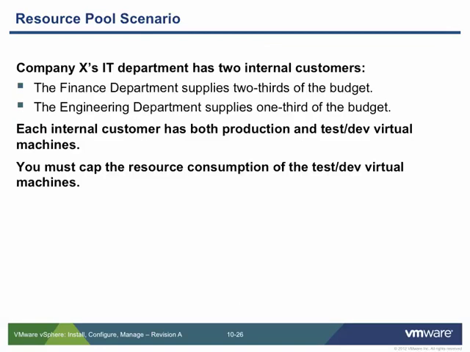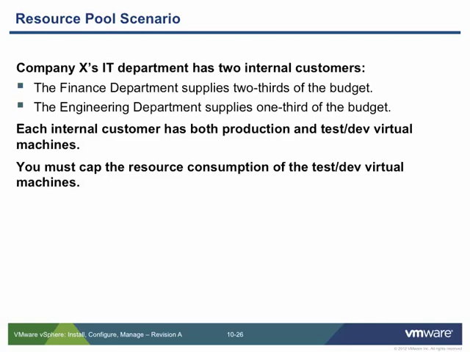So let's look at an example. In a couple of slides, we'll look at the actual specifics of that expandable reservation. But first, we're just going to look at the resource pool in general. In this particular example, we have an IT department that has two internal customers, finance and engineering. Finance pays for 2/3 of the budget, and engineering pays for 1/3.